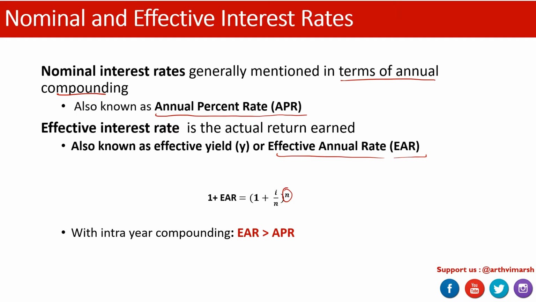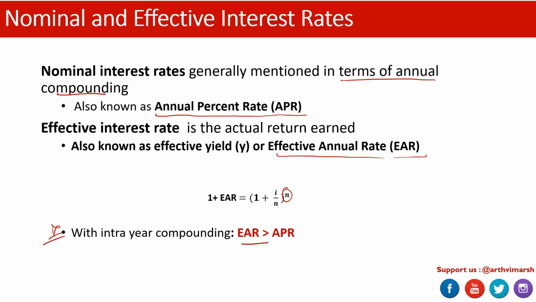So when we have intra-year compounding, this is a key point you should note: the effective rate will tend to be higher than the annual percent rate that is quoted. Now why so?